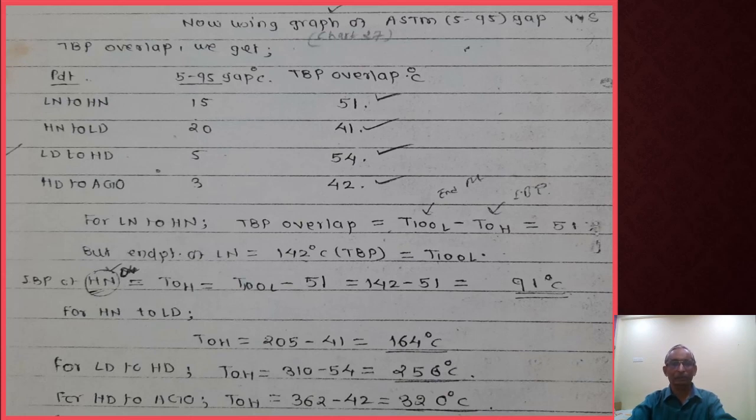T100L means the end point of light naphtha, and T0H is the initial boiling point of heavy naphtha. That is called the overlap. How much is the overlap between these two products?